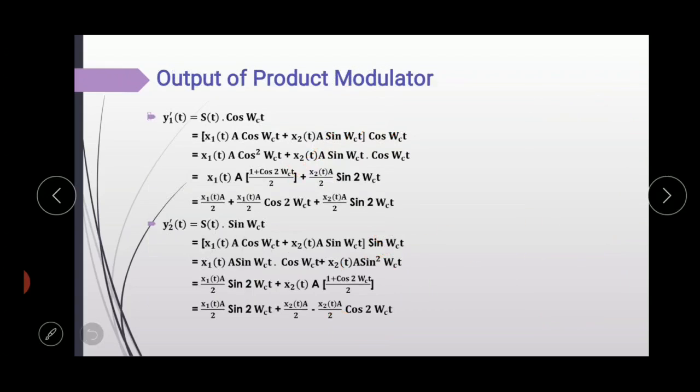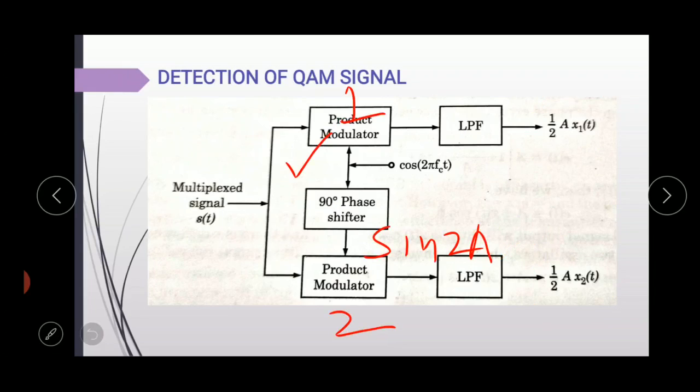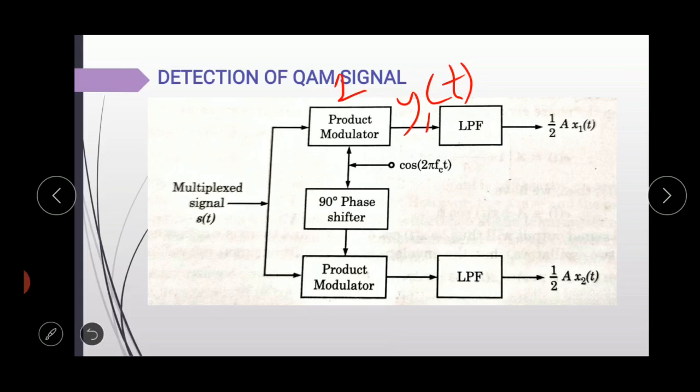Here, the product modulator simply multiplies the input signals given to it. So the multiplexed signal is multiplied by cos 2 pi fct.